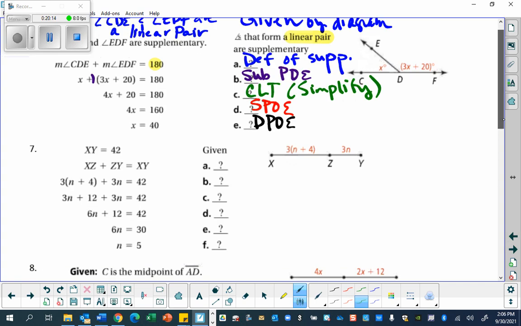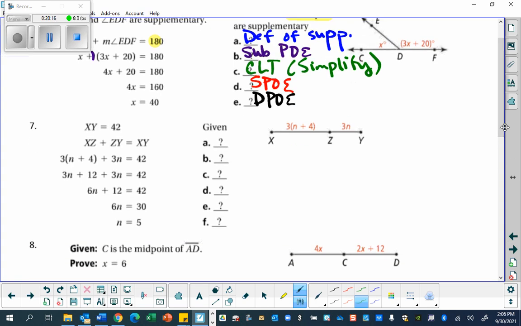On the back of your homework, this next one, number 7, is definitely a little tricky. And I want you to think about what this is saying. The distance from X to Y is 42, and that's what's given.